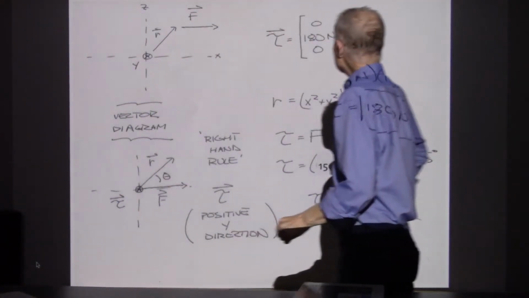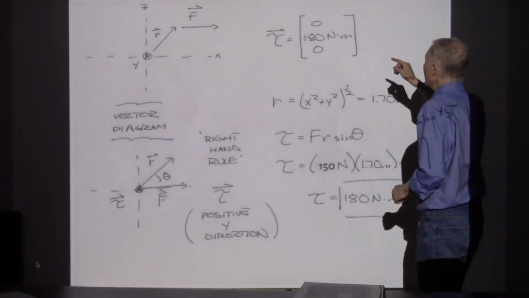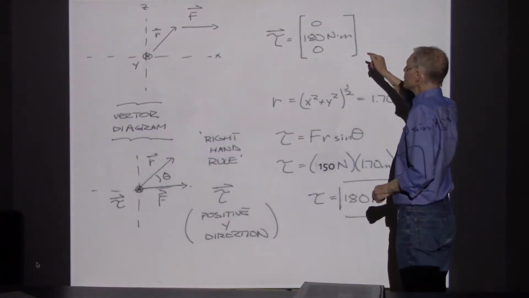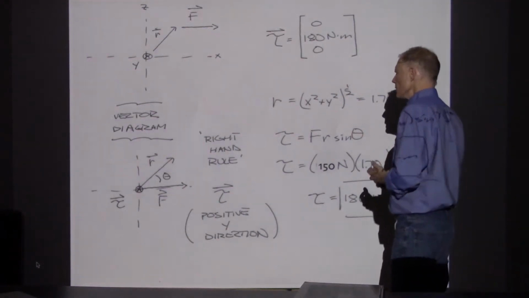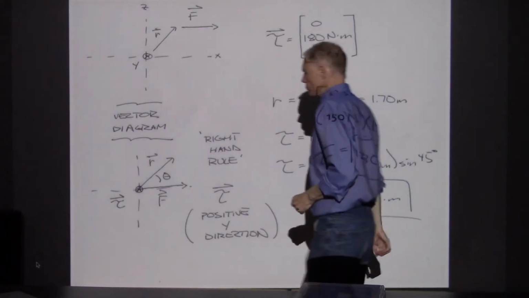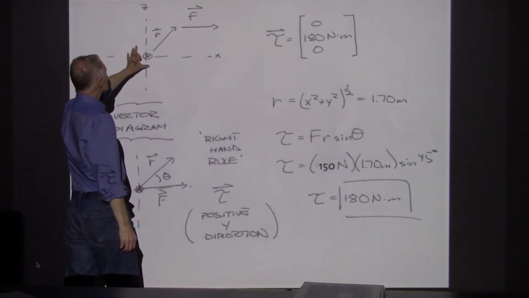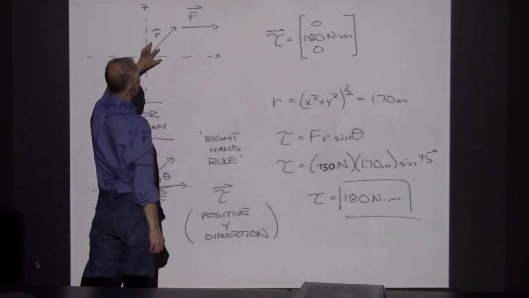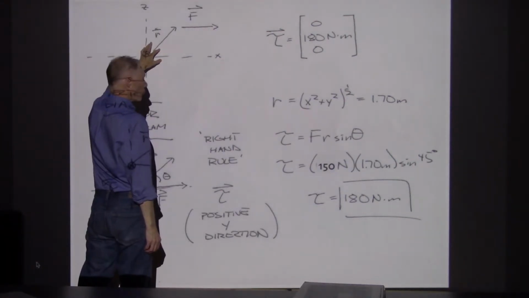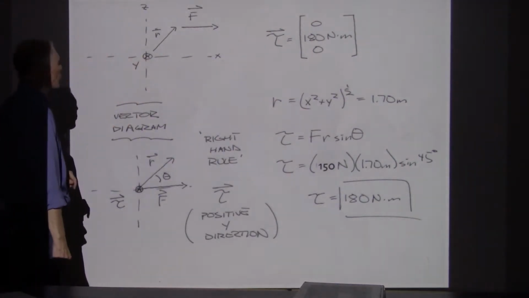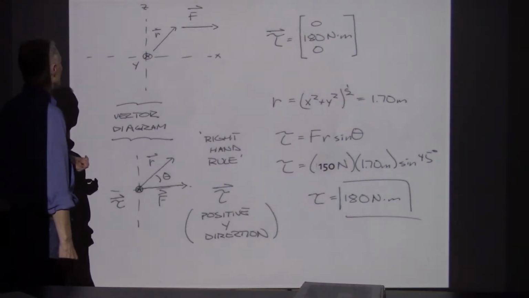Okay, so a continuation here, the torque turned out to have a component in the y direction only. Let's look at the vector diagram right here. How are we to use the vector diagram when we're calculating torques? Here's an alternate way to calculate the torque.